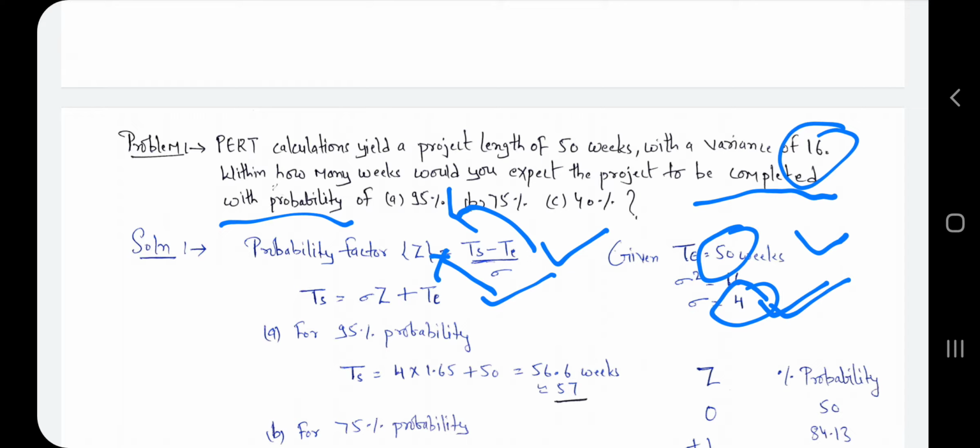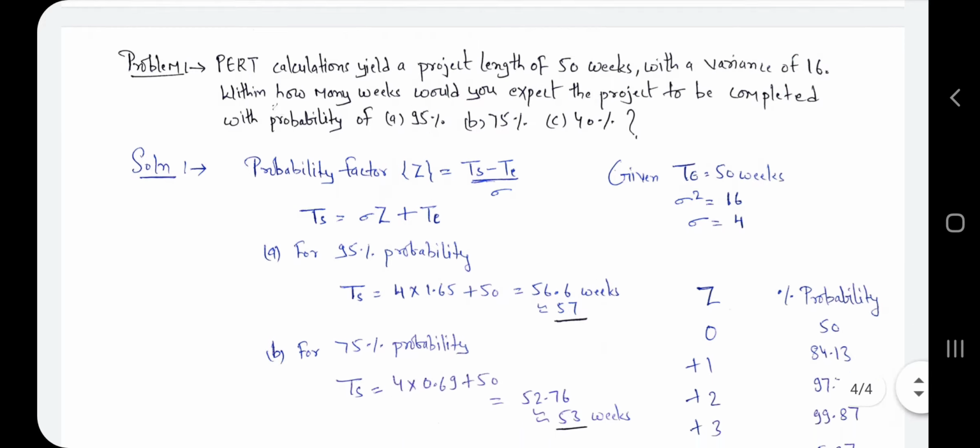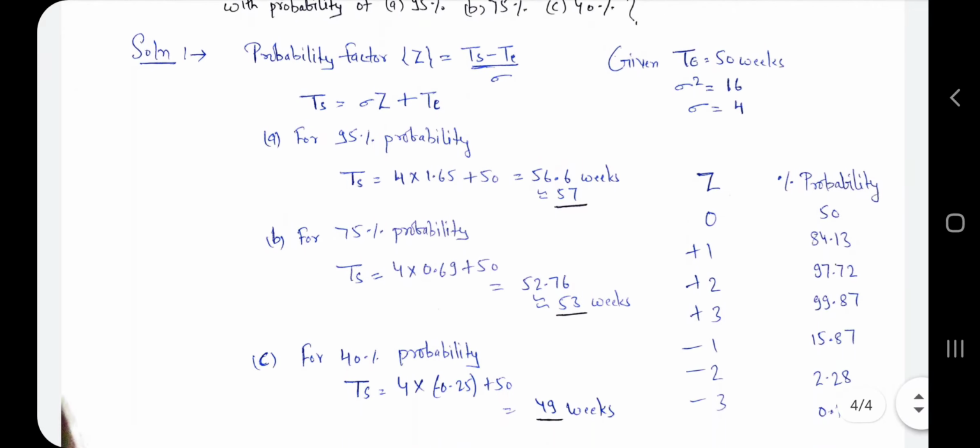But here we also have a z value, and he has given us percentage values, which we cannot write directly because they are in probability form. We have to write the probability factor form. So for that we use this table to find the probability factor value.